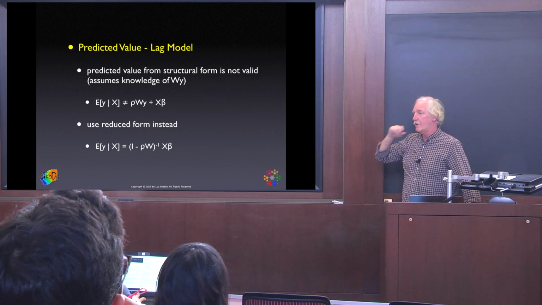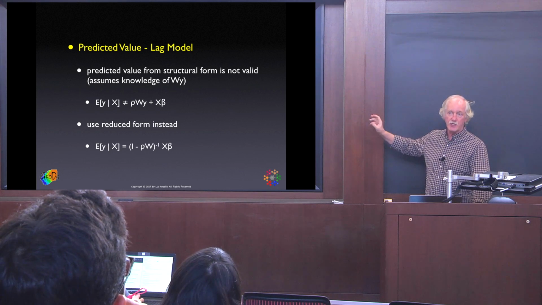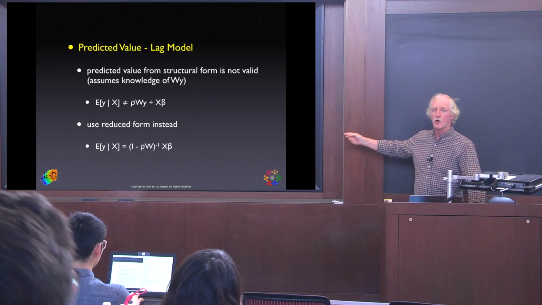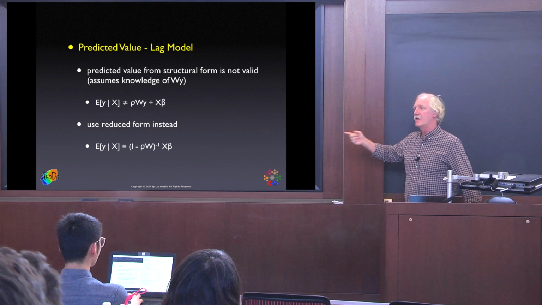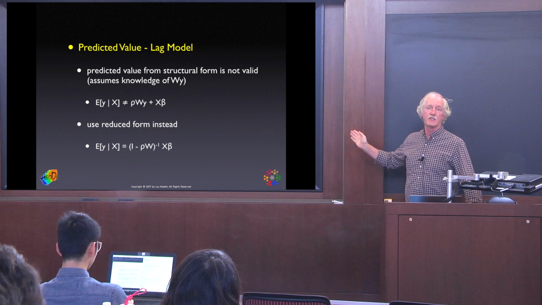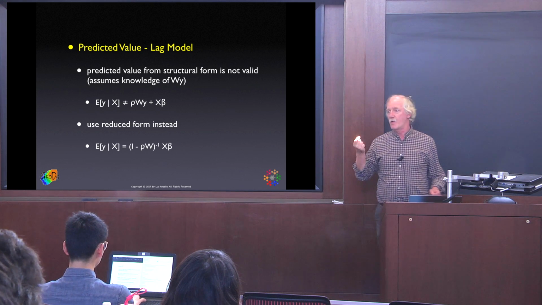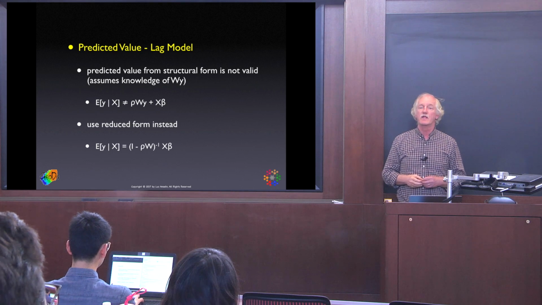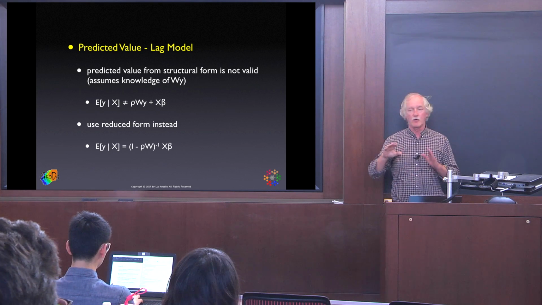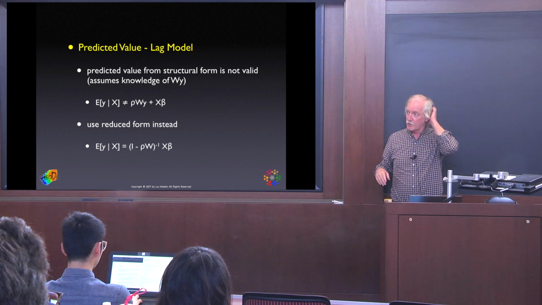So you keep going, and then it's actually computationally feasible to work this out, because rather than inverting this full matrix, you go to the expansion. And because you're powering a number that is less than 1, the expansion fairly quickly goes to 0 or becomes negligible with some degree of precision.